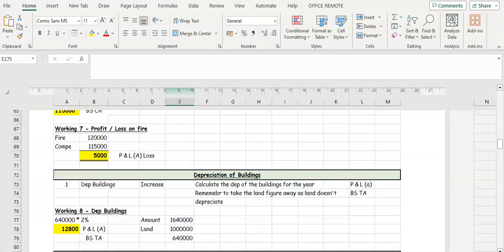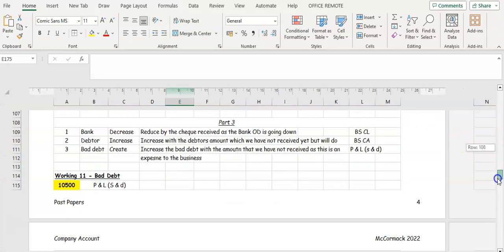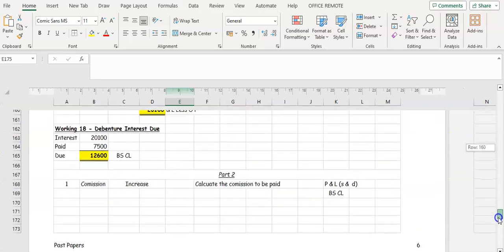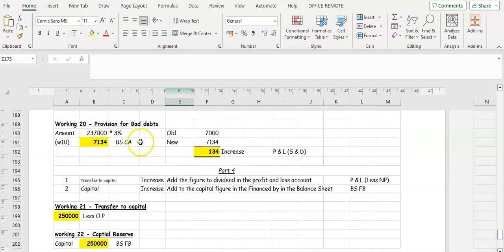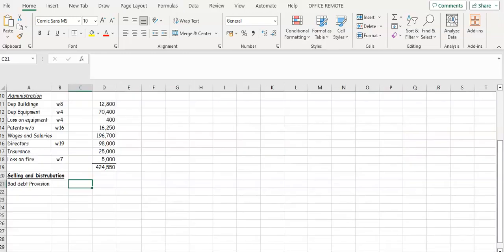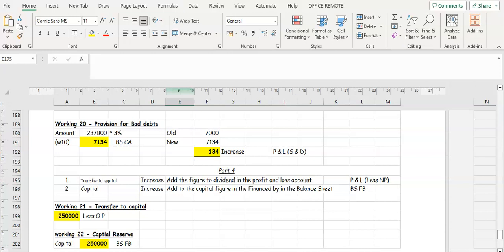So let's have a look at our workings towards the end. I think we had a bad debt provision. Yeah, so bad debt provision increased by 134, and that's part of working 20.